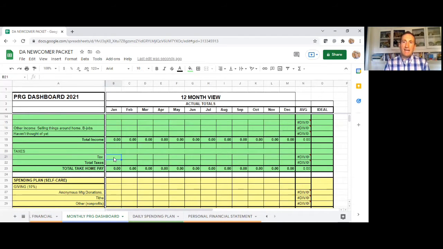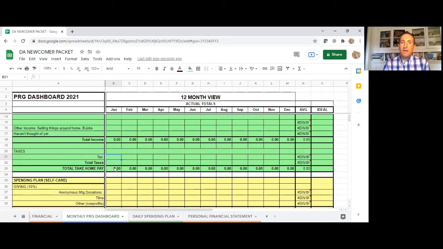Like for example, for my A job, I get a paycheck every other week, and there's a line item there that says state and federal taxes and withholdings are taken out. In my daily spending plan, I break out those individual tax items. But when it comes to the monthly view, I just group all those together and plug it into here as one number for taxes that come out.